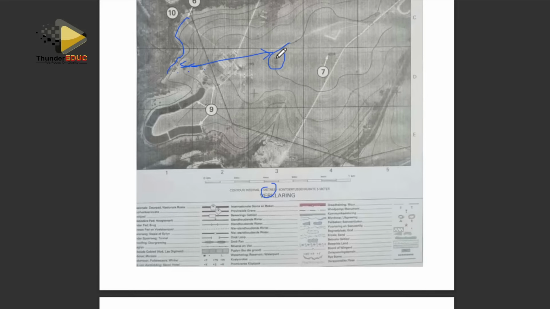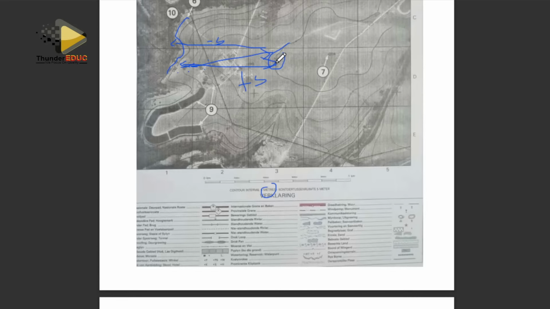So this looks like 200, meaning that here you are going up, so you add 5 on each contour when you're coming this way. If you're coming down this way, you minus 5. So if this is 200, then 200 minus 5 is 195, 190, 185, 180.